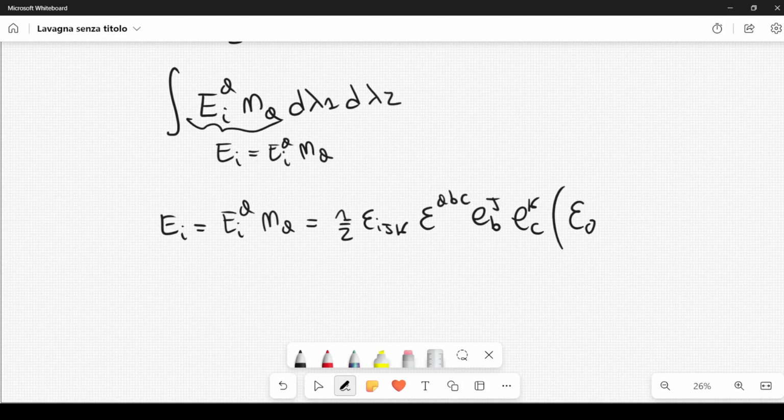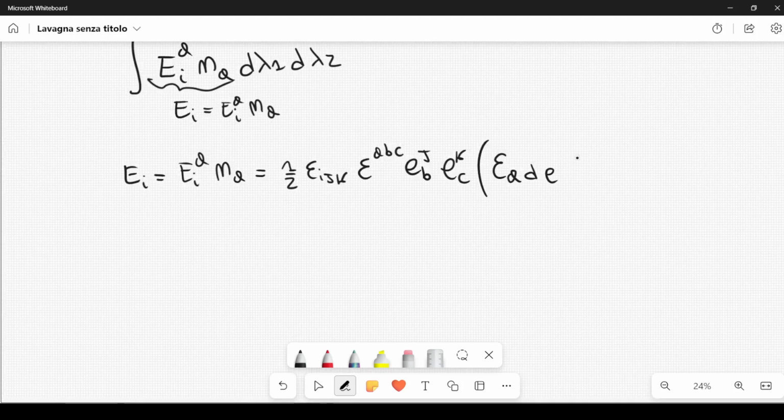So I have the Levi-Civita symbol epsilon_{ADE}, and then I have the derivative of x^D with respect to lambda 1. You can think of x^D as the vector x, which spans the surface.